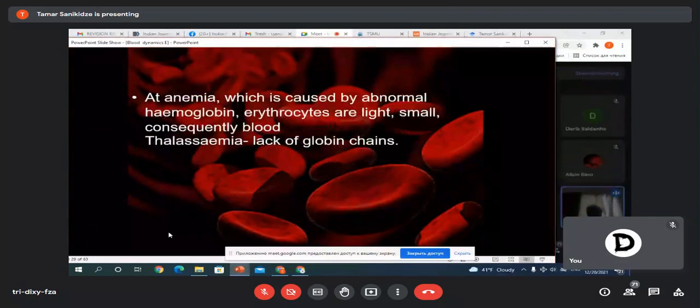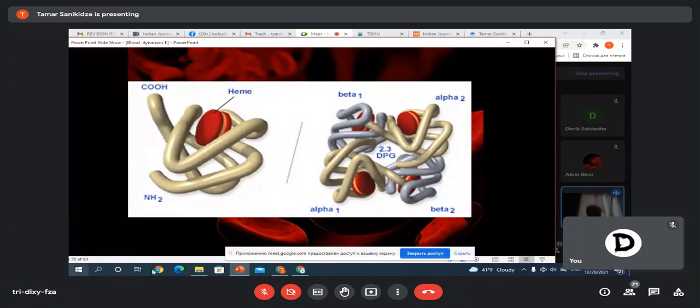There are also different genetic anomalies of hemoglobin, which can induce changes of the hematocrit. We know that the hemoglobin has 2 alpha and 2 beta chains, and there is a known genetic mutation in which the alpha and beta chains have a lack of amino acids.